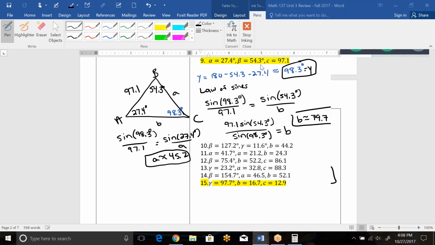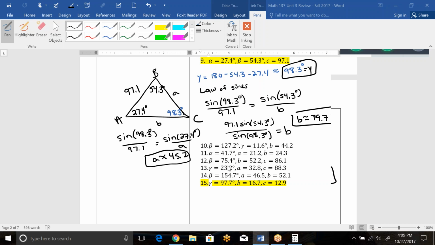Now when you had two angles, you didn't have to worry about the cases where you might have more than one triangle. So we're going to look at number 15 because when you have an angle and you look at this, you say, okay, is it possible that there's two triangles? Well, if the angle is obtuse, it's the only possible obtuse angle you can have. So that means that you're down to one triangle or no triangles.